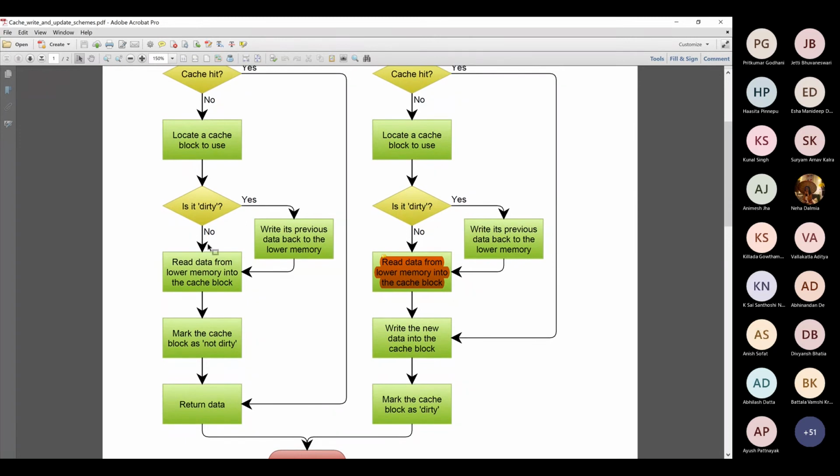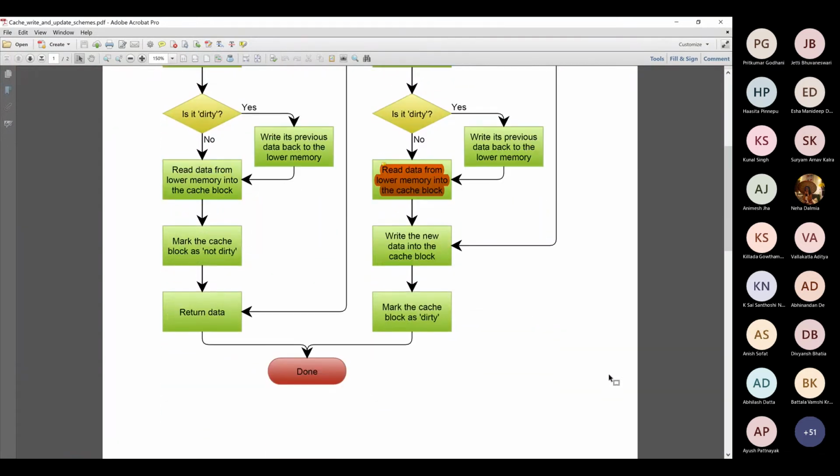Sorry, when there is a dirty block, it incurs overhead in both read and write. But it does not immediately perform a mandatory write into the lower block of memory. So there it saves some clock cycles. It's a balance between these two schemes. In both of these two schemes, they have their pros and cons.